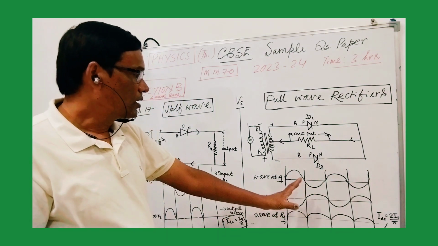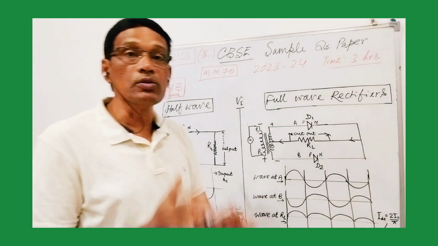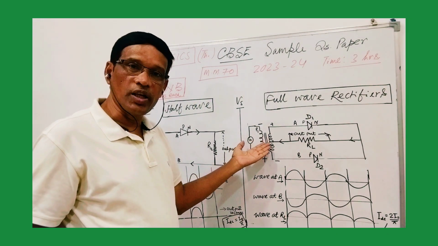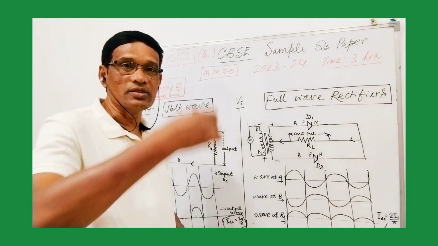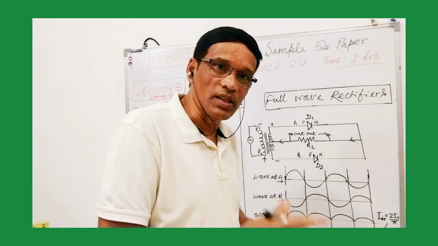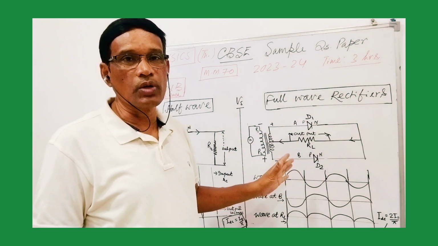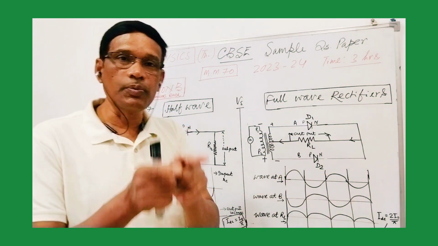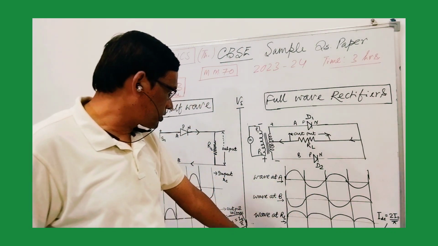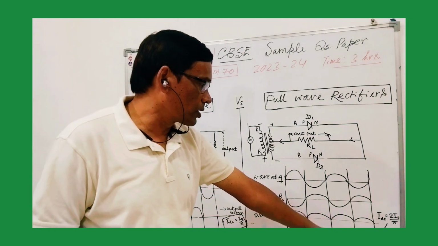Both the diodes help you out, and you get the output always available, whether the signal is positive or negative AC. So by technically modifying the circuit with the help of two diodes D1 and D2, we clearly get the output at RL. The wave at RL will always be developed.